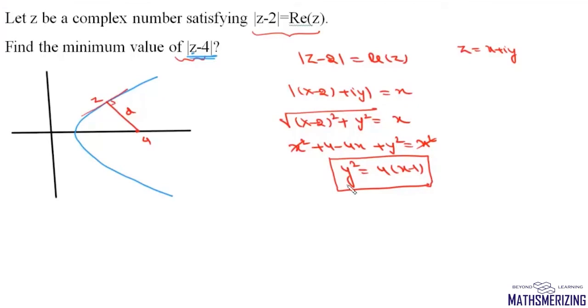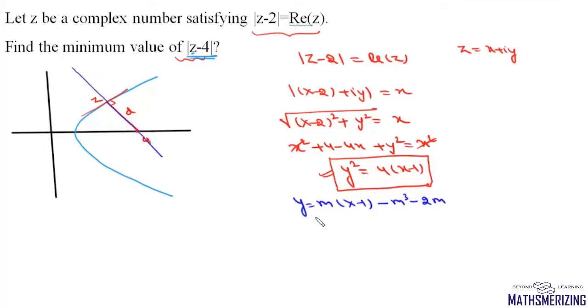So what we'll do is, for this parabola, we'll write the equation of normal. So for this parabola, the equation of normal will be y = m(x - 1) - am³ - 2am. A in this case is 1. So it'll be m³ - 2m. We need that normal which passes through this point (4, 0).